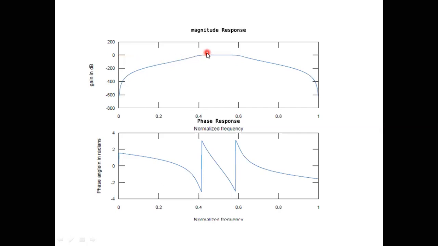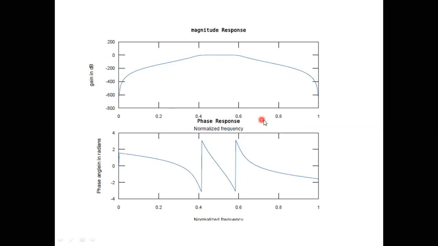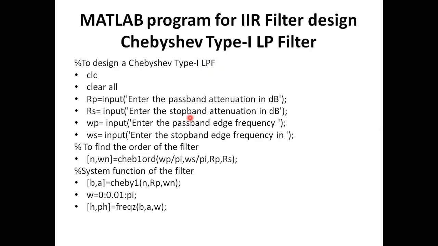See here, you are getting the minus 3 dB also. And what you are getting here, stop band frequencies 0.2 to 0.8. So 0.2 to 0.8, you are getting the stop band frequencies where at minus 60 dB. So these are your stop band frequency. Clear? The response.